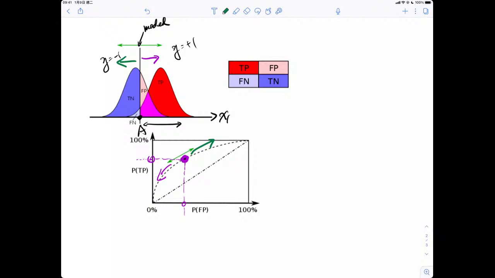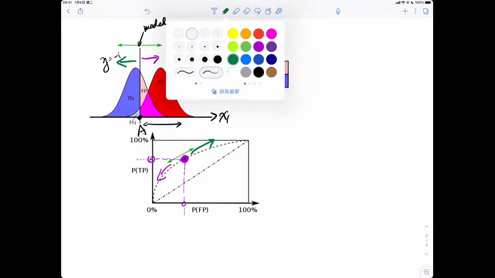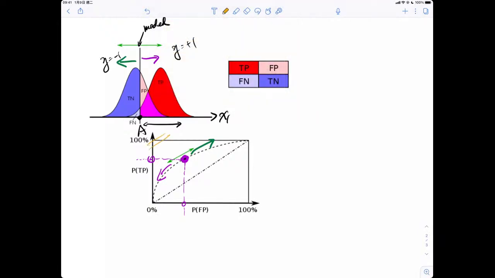Usually we select the data point which touches the diagonal line. We view it as a trade-off. We have a very nice true positive, a very nice true negative, and also false positive and false negative.